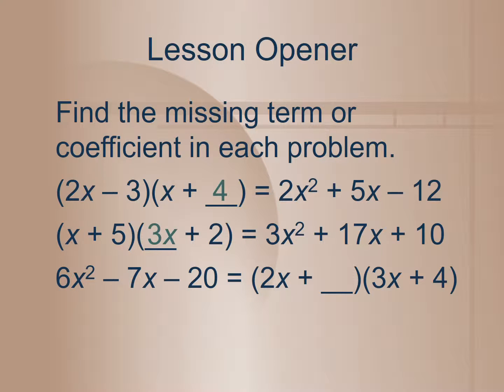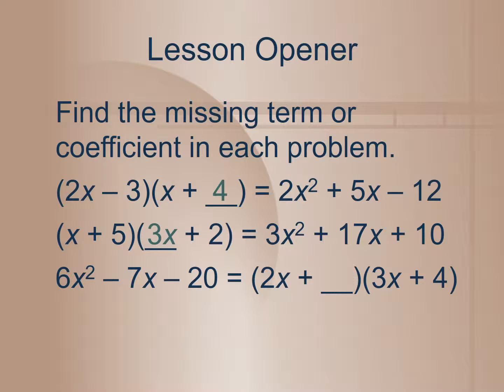Our next line, we have 6x squared minus 7x minus 20 is equal to 2x plus blank times 3x plus 4. So we know that we find this middle term by adding the product of our inner terms and our outer terms. Our outer terms, we have 2x times 4, that's 8x.